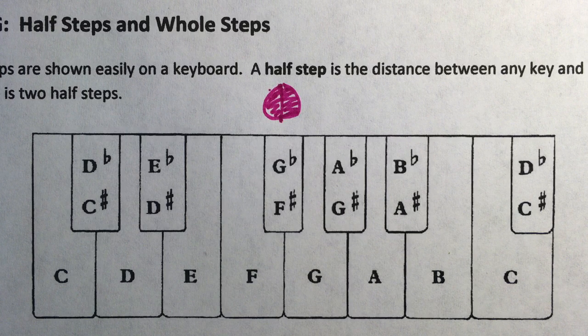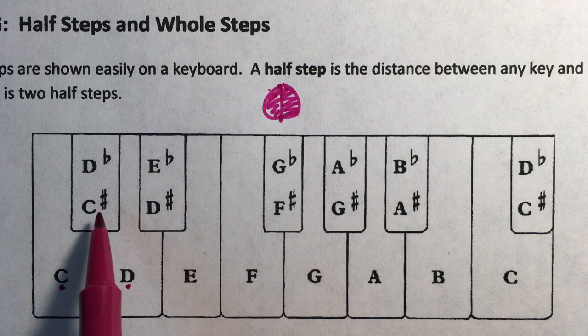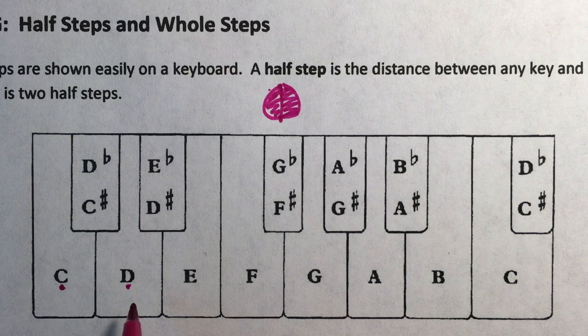Let's go through some examples. From C to D. Here's C, here's D. Is this a half step or a whole step? If you go from C to C sharp, that's a half step. From C sharp to D, that's another half step. Half plus half, so that's a whole step.